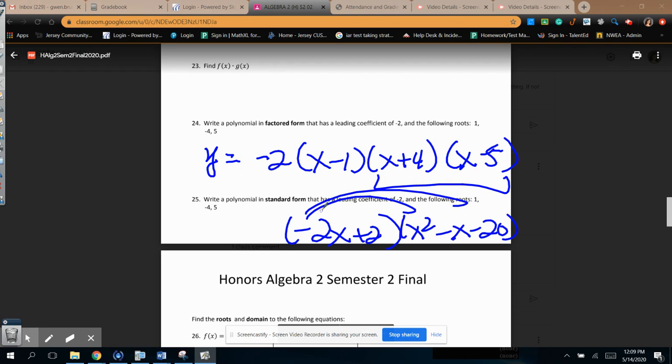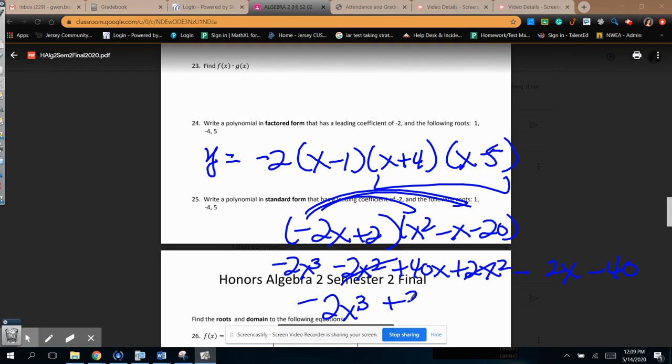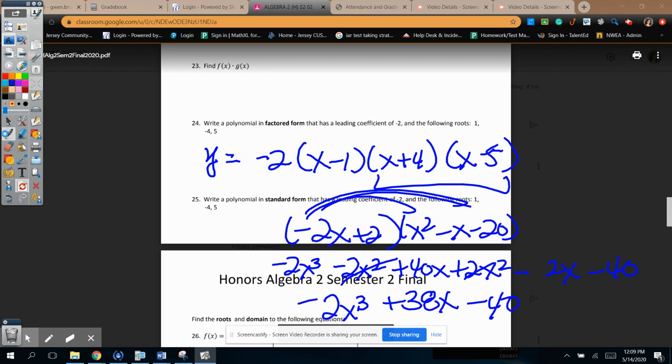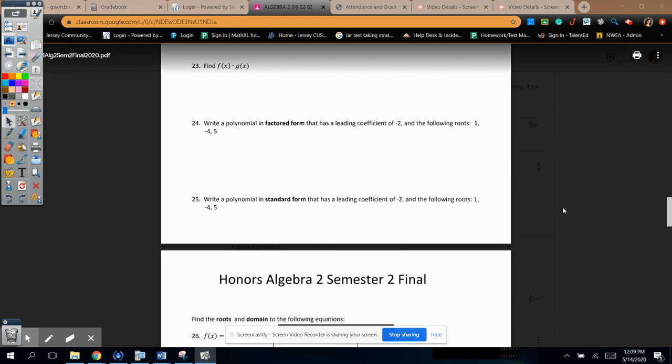And be careful. Negative 2x to the third minus 2x squared plus 40x plus 2x squared minus 2x minus 40, I think. So negative 2x cubed, those 2x squared will cancel. Maybe a plus 38x minus 40. I might have made a mistake there. I got a little sloppy. But that's what you do on that problem.